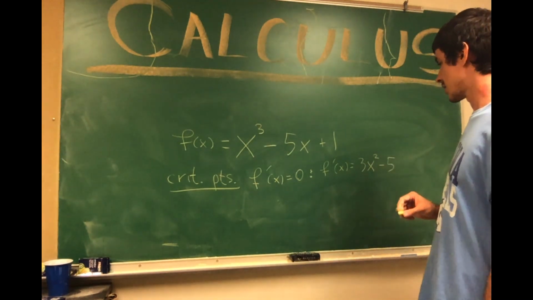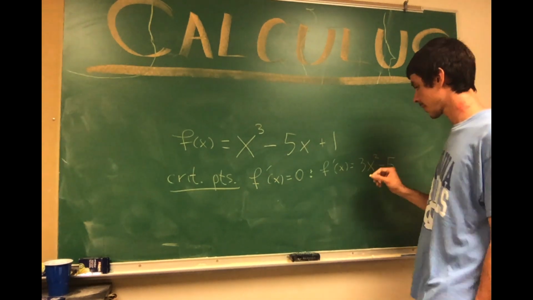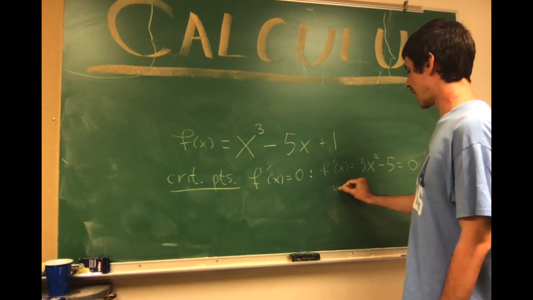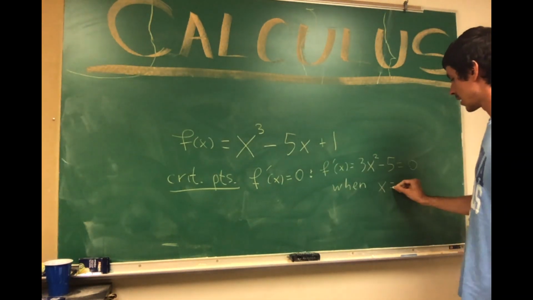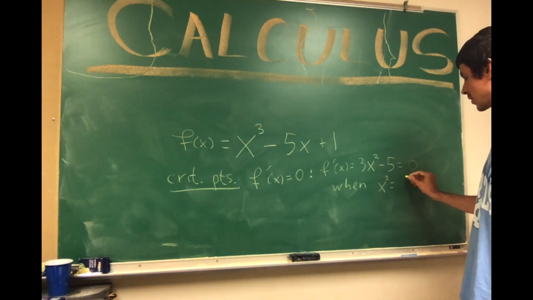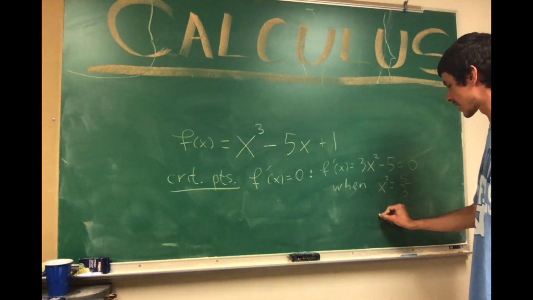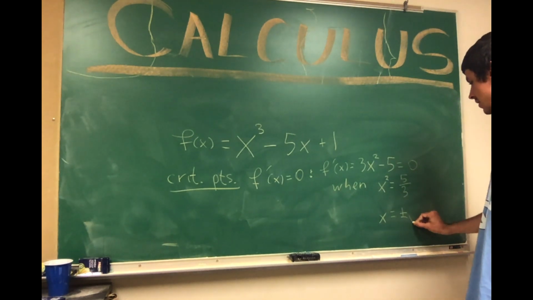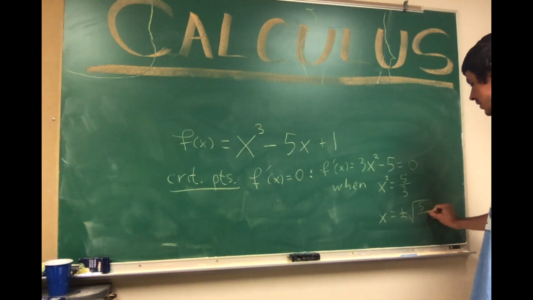And so this equals 0 when x squared equals 5 divided by 3, which is going to be x equals plus or minus the square root of 5/3.